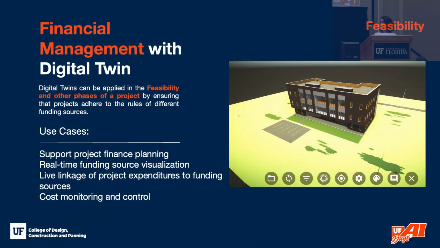So how do we apply this? If we're talking about the building life cycle, I mentioned that there is the feasibility stage where we don't really have a building yet. So here, the digital part of the digital twin is very strong. What I'm showing here is a project that is not from DCP, but is being developed by DCP researchers.